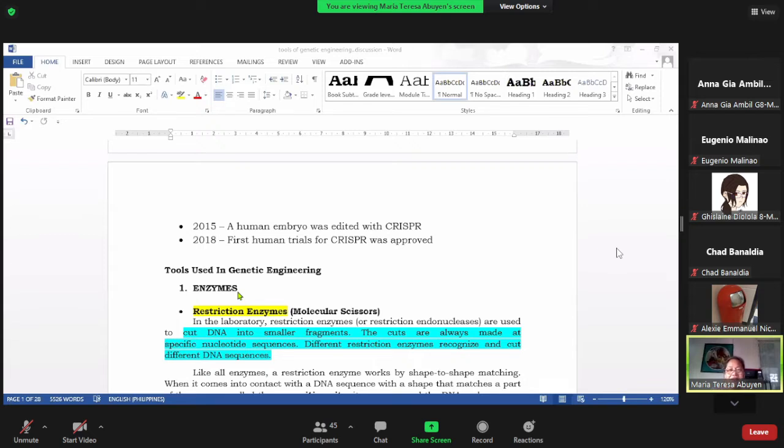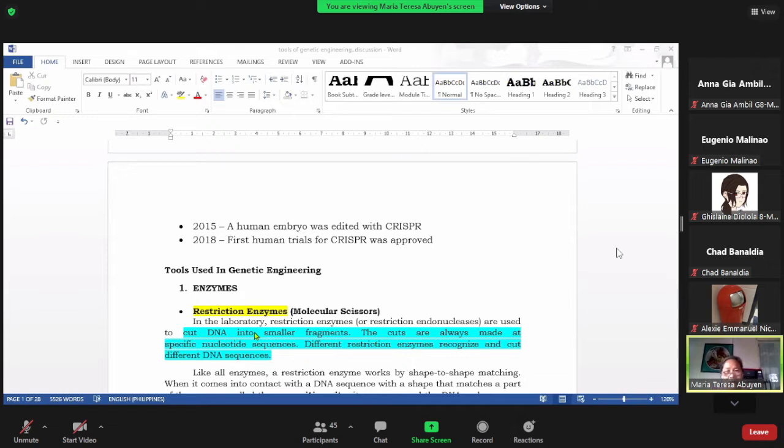In genetic engineering, enzyme is a very important tool in the modification of a certain organism or a certain product.